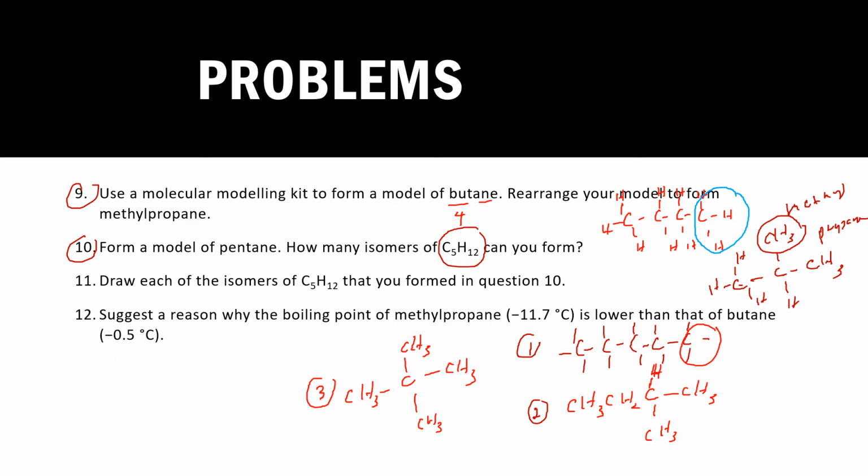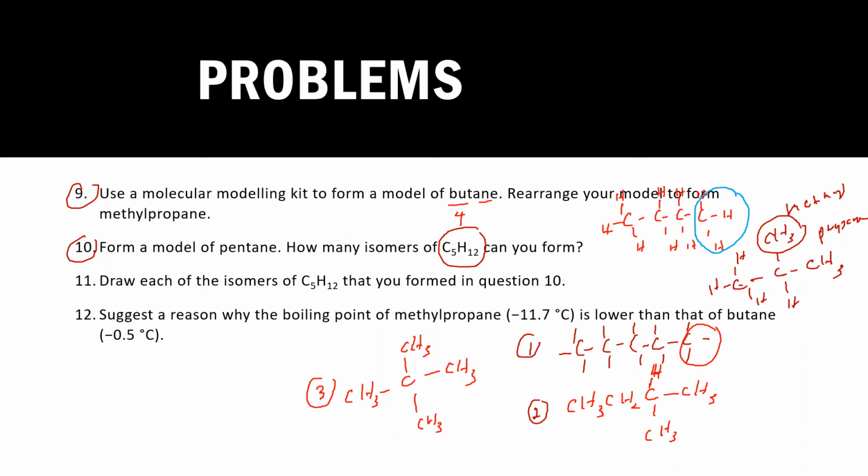Here, that's the other one. So there are 3 isomers for pentane. Okay, then we move to the other one, and I erase this one.